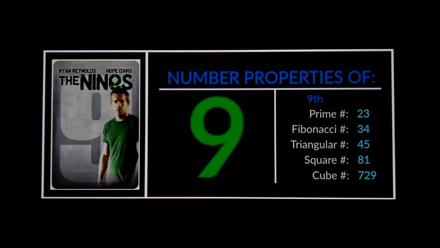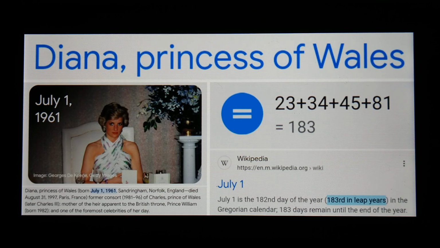Now, going back to the nines, get rid of the cube number. We're looking at the prime, the Fibonacci, triangular, square. That's going to connect with her birthday, especially on leap years. Supposedly, Princess Diana was born July 1st.